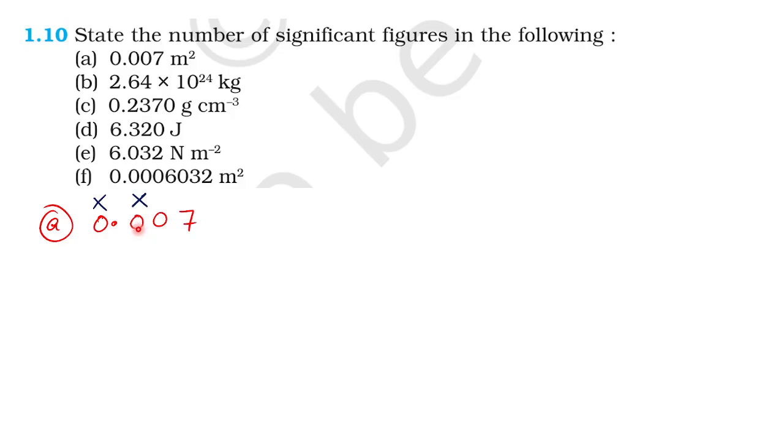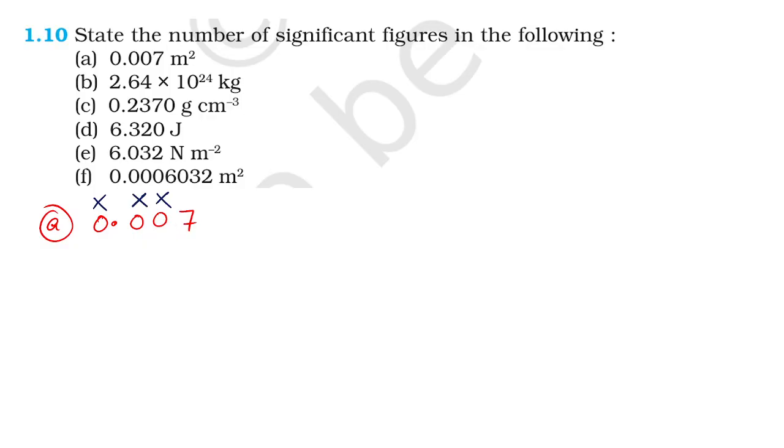It is not a trailing 0, because a trailing 0 should appear at the end. So it is not a middle 0 and not a trailing 0. The same thing happens for this 0 also.